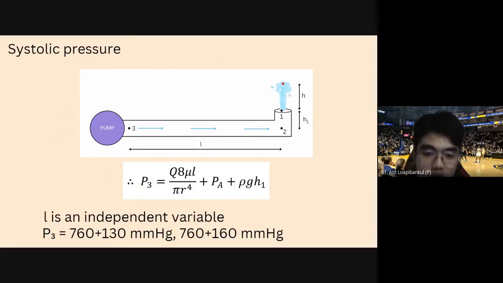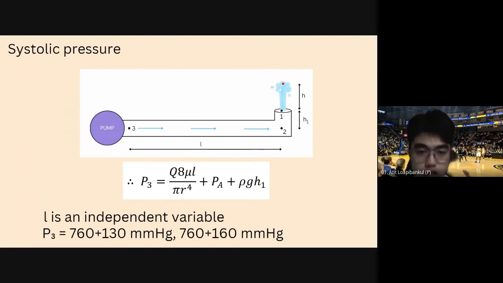As PP already proved the equation, in the procedure part I will just have to use it. So I have to find the pressure at point 3, and in order to do that, do you know that we are living right now because the heart is pumping, right? And when the heart pumps, it will have two values of pressure. One is the systolic pressure, and the other one is the diastolic pressure.